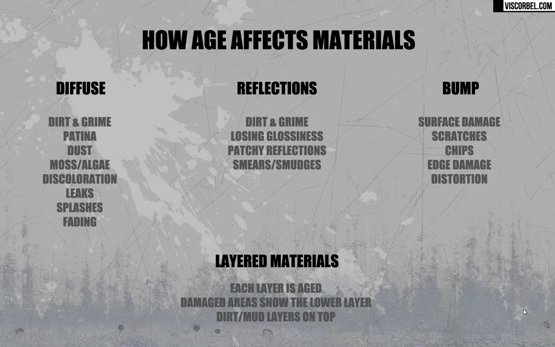Let's say you have lacquered wood: you have the wood material and lacquer on top, and perhaps even some dirt on top of that lacquer. For those layered materials, each layer is aged with these same techniques, and the damaged areas usually show through the lower layer, and you can also get some dirt and mud layers on top of the object.